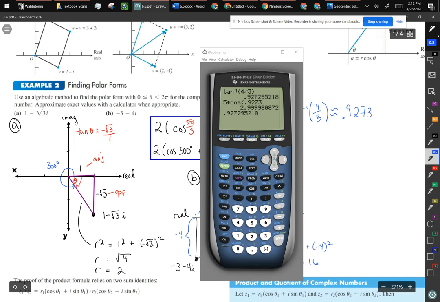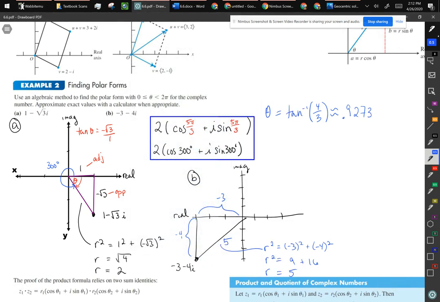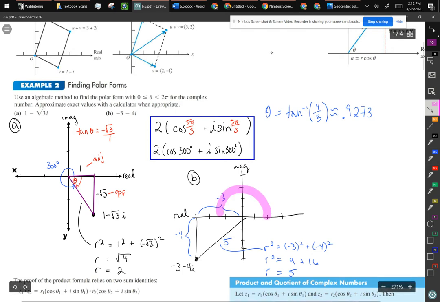Now 0.9273, if you think about it, from here to here, that's 3.14. That's pi radians, right? So 0.9273 is in quadrant 1. Remember, tangent is positive in quadrant 1, but it's also positive in quadrant 3. So we don't want the quadrant 1 value. We want the quadrant 3.